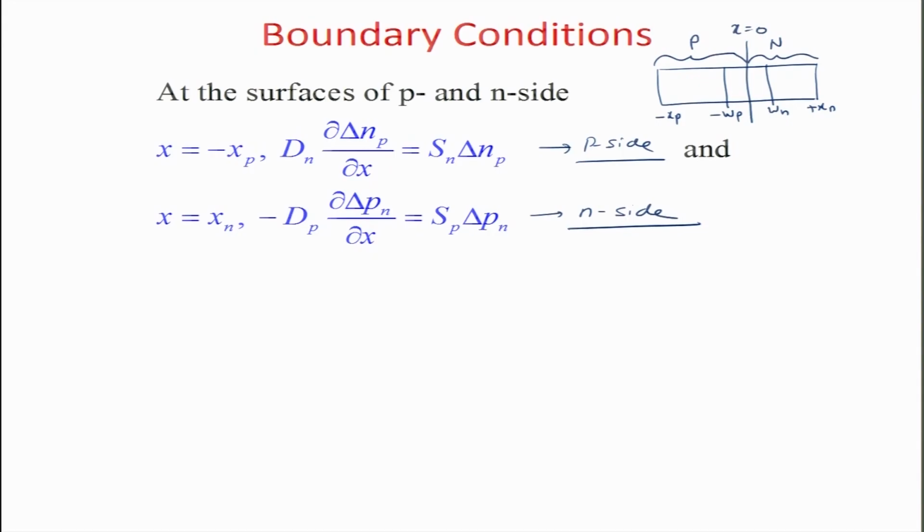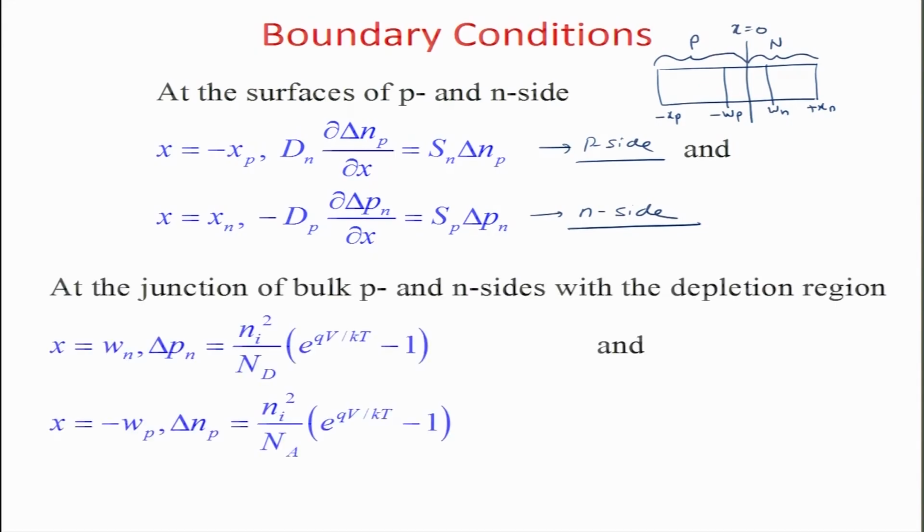And then we have the next condition, at the junction of the bulk P and N side with the depletion region, that is at x is equal to Wn and minus Wp. So at x is equal to Wn, delta Pn is equal to Ni square by Nd into exponential of qV by kT minus 1, and delta Np is Ni square by Na into exponential qV by kT minus 1.